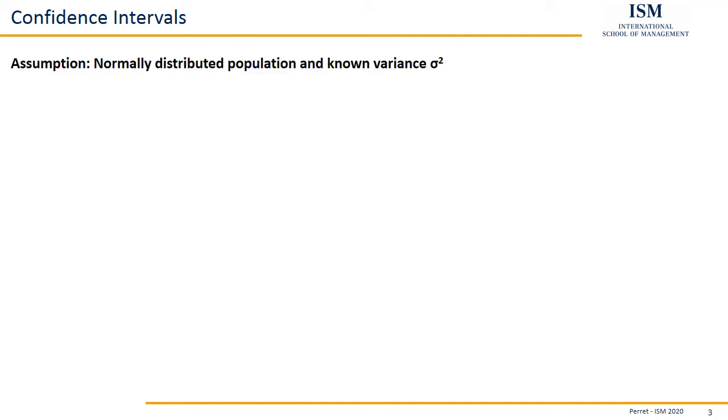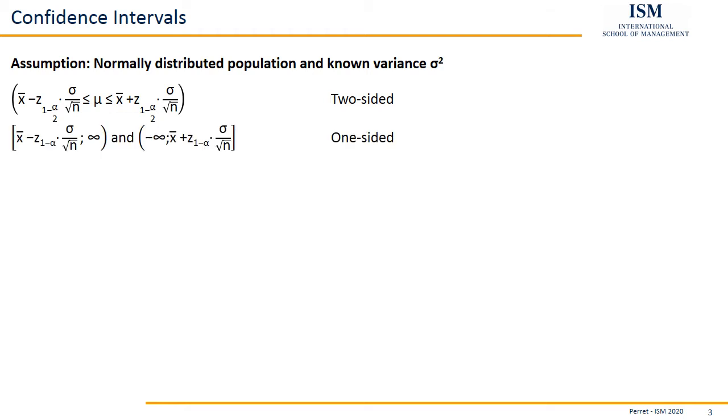In both cases, and here we start with the first one with a known variance, we start with an interval which looks like this. And again, there are two different variants: we could have two-sided intervals and one-sided intervals. In two-sided intervals, we say we have an upper and a lower bound.